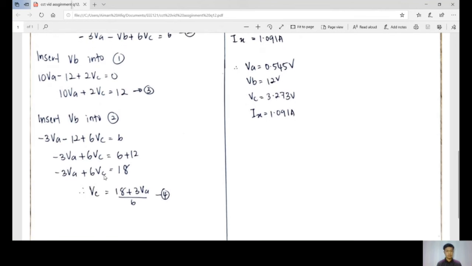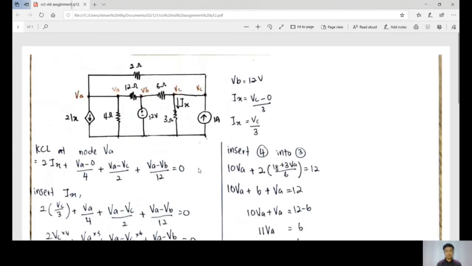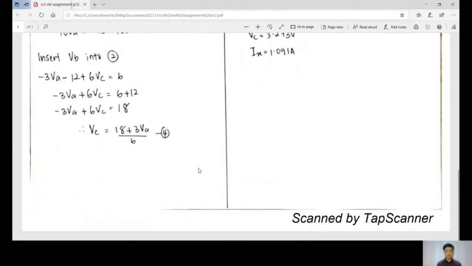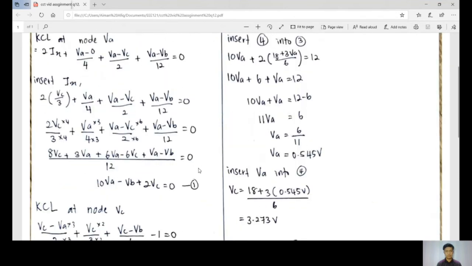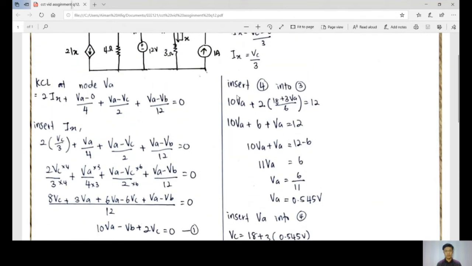Then we keep VC alone on the left side, so the equation is VC equal to (18 plus 3VA) over 6, and we set it as the fourth equation. Then we insert the fourth equation into the third equation.